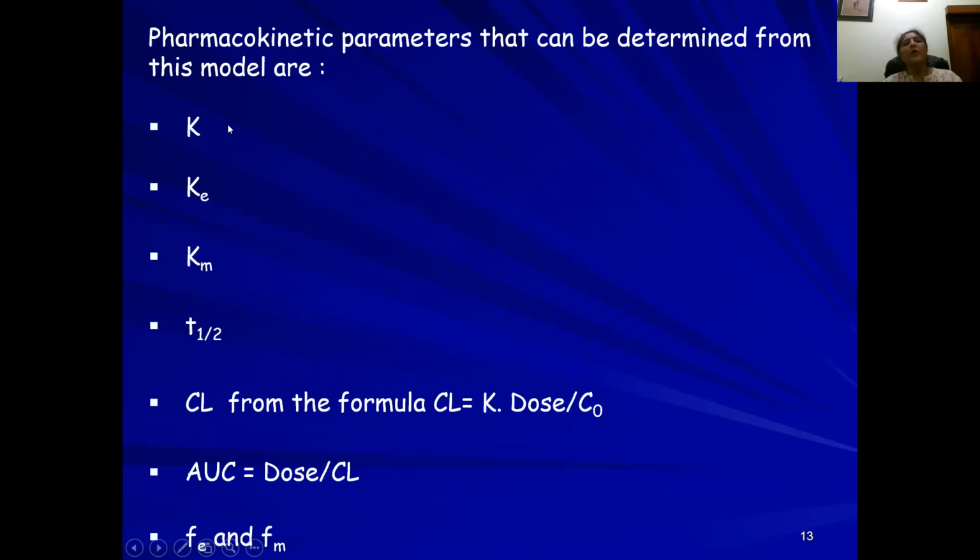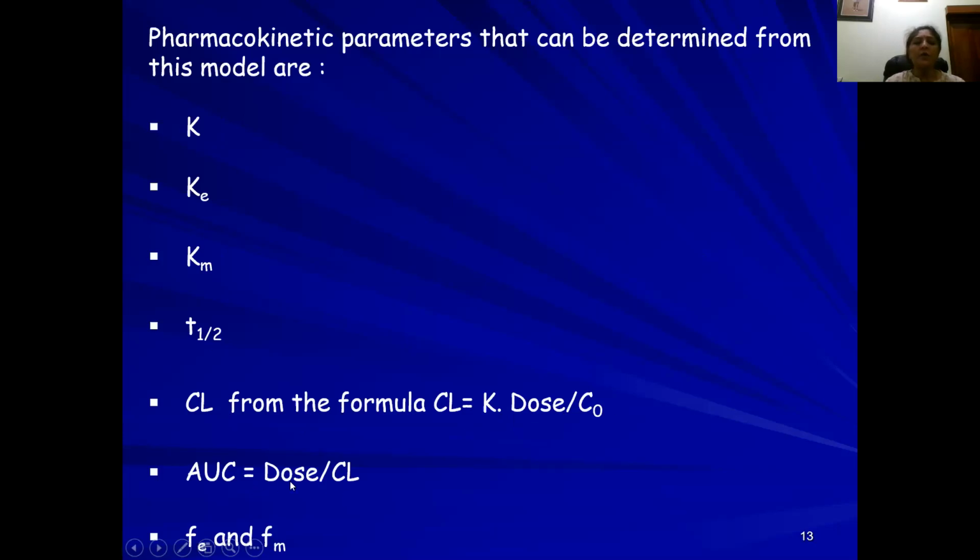So, the pharmacokinetic parameters that can be determined from this model are K, the overall elimination rate constant; Ke, that is the renal elimination rate constant; Km, the metabolic elimination rate constant; T half, that is the half-life; and clearance, from the formula clearance is equal to K into dose divided by C naught.